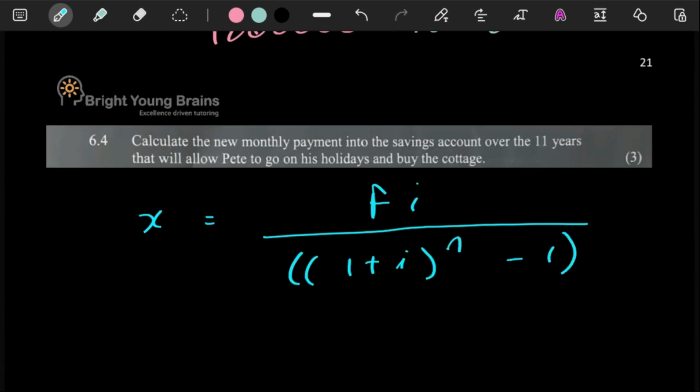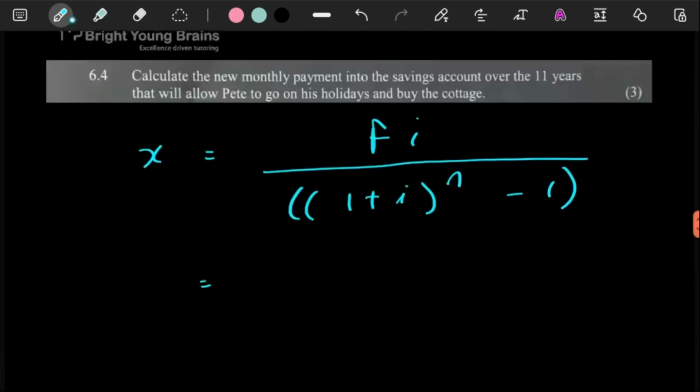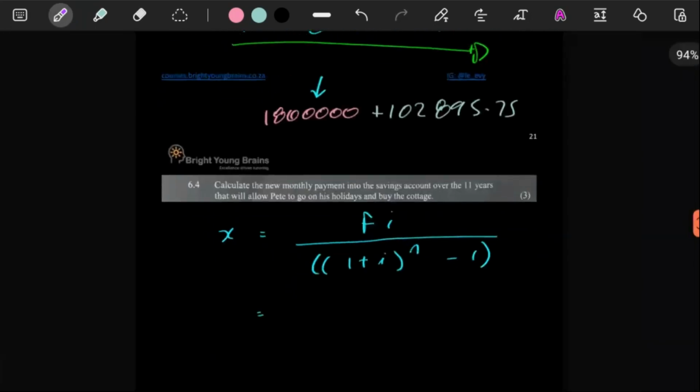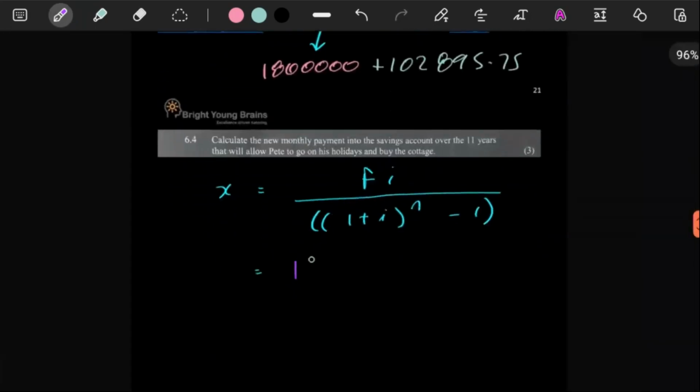And then in this situation, what do we know? We know that F is technically going to be 1,902,895.75. Interest is still 13% per annum compounded monthly.